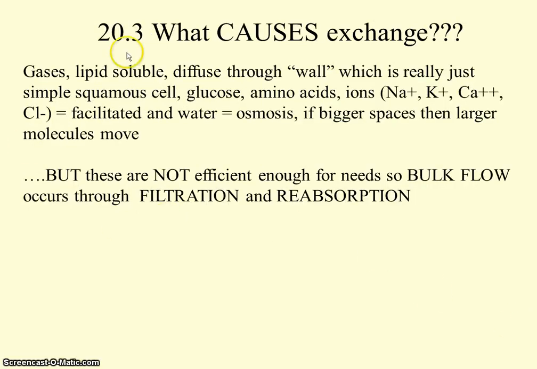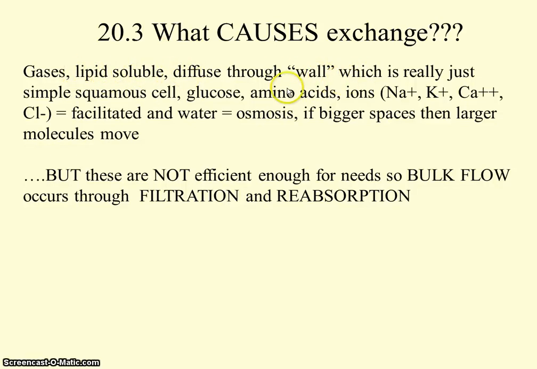All right. So what causes the overall exchange in the capillaries? We really didn't look at that idea. We said this is going to happen, here's a layout, but how did it happen? Here I mentioned that gases, oxygen and carbon dioxide, lipid-soluble things, diffuse through the wall.